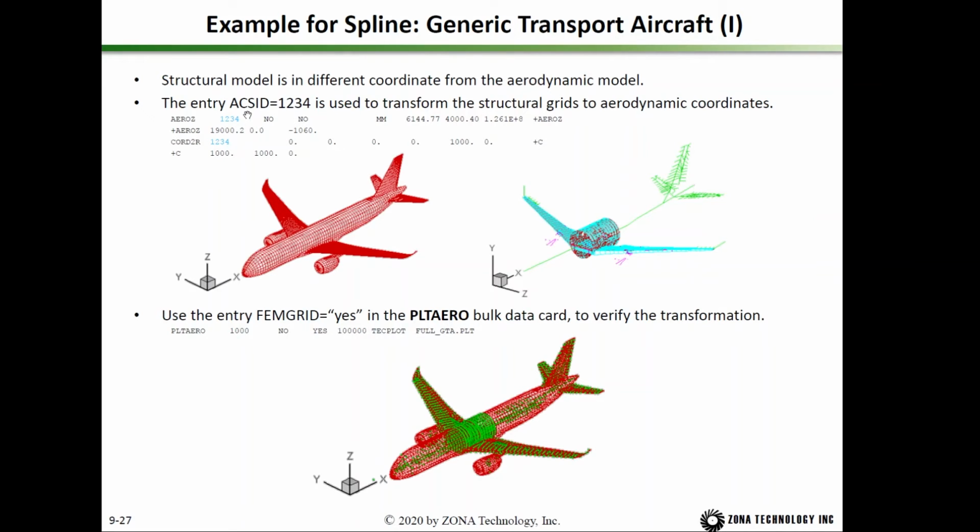You want to use the ACSID entry, which refers to a CORD2R card. You set up the CORD2R card to transform the structural grid points into the aerodynamic coordinate. Then in the AEROGRID card, you specify the entry FEMGRID equal to yes. Then you can display all the structural grid points on top of the aerodynamic panel model to verify this coordinate transformation.